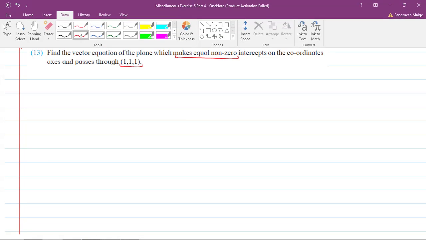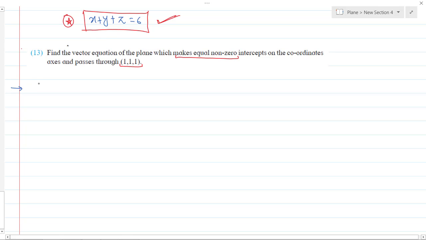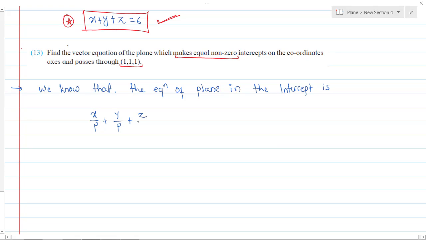Now let's directly make use of the standard form. We know that the equation of plane in the intercept form is x by p plus y by p plus z by p, it is equals to 1.